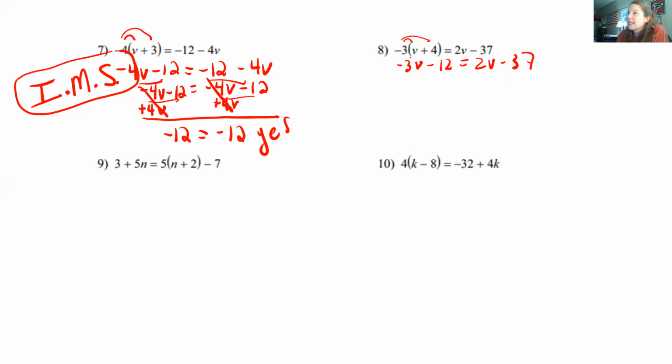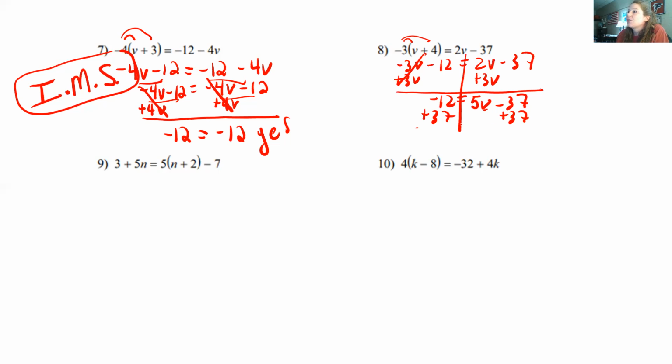I'm going to move this -v, so I'm going to add 3v to both sides. So this is gone. I bring down my -12, my equal sign. 2v plus 3v is 5v. And then how do I get rid of minus 37? Since my v's are over here, I want to move minus 37, so I'm going to add 37.